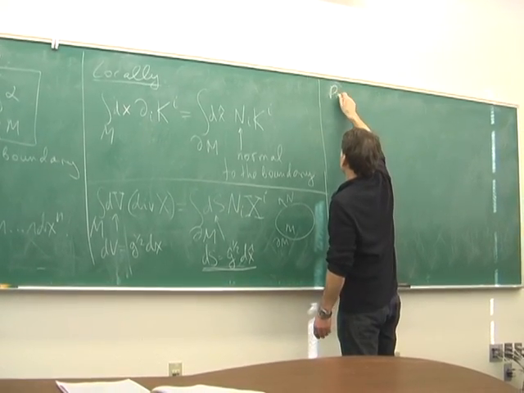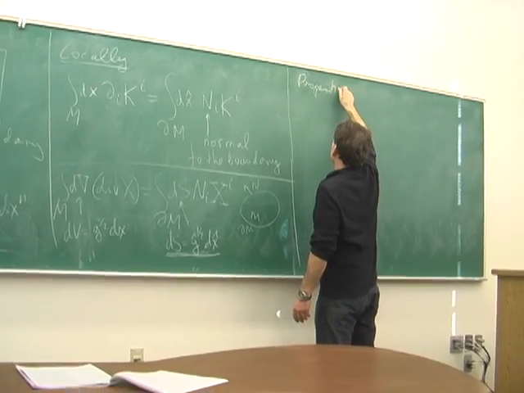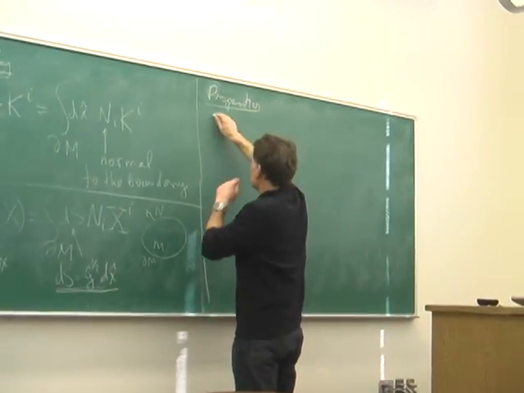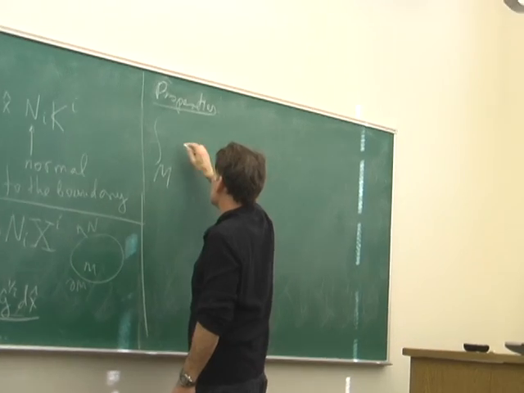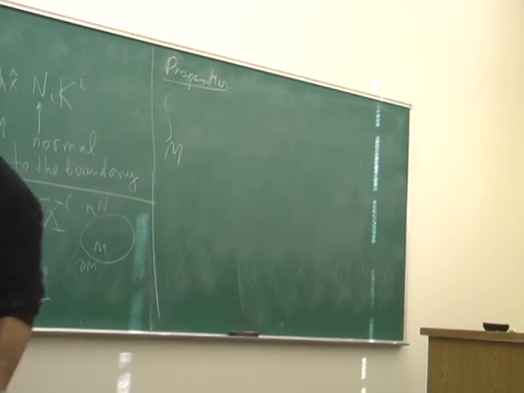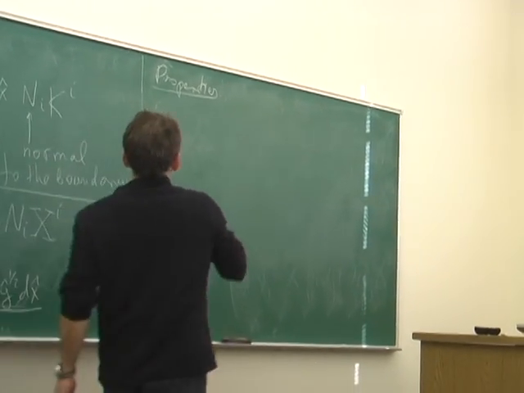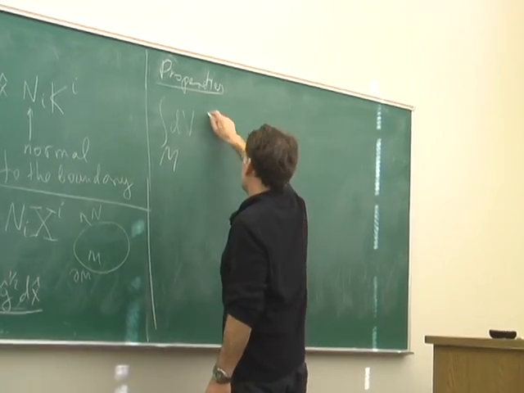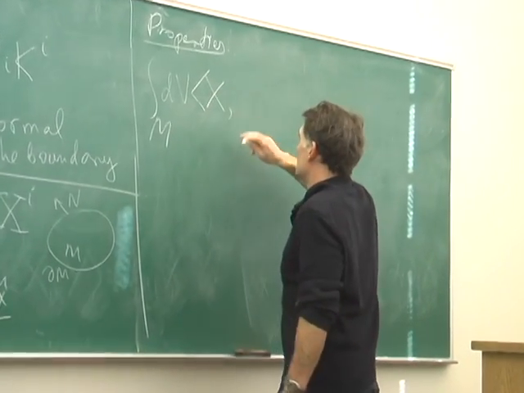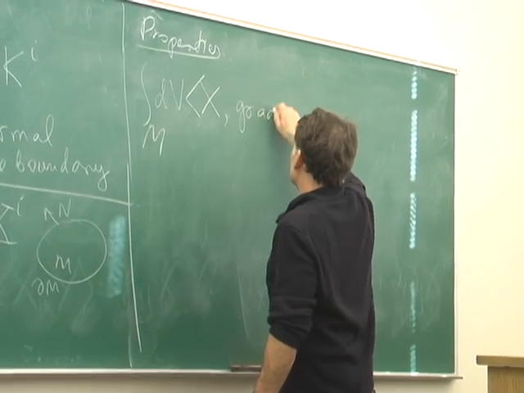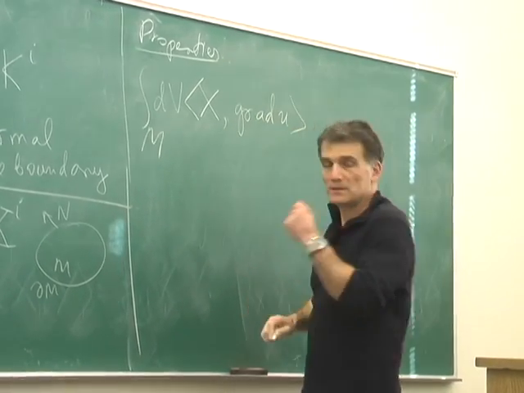Well, let's say properties. Suppose that you look at an integral like this. You have a vector field X, and you take an inner product with the gradient of some scalar function.